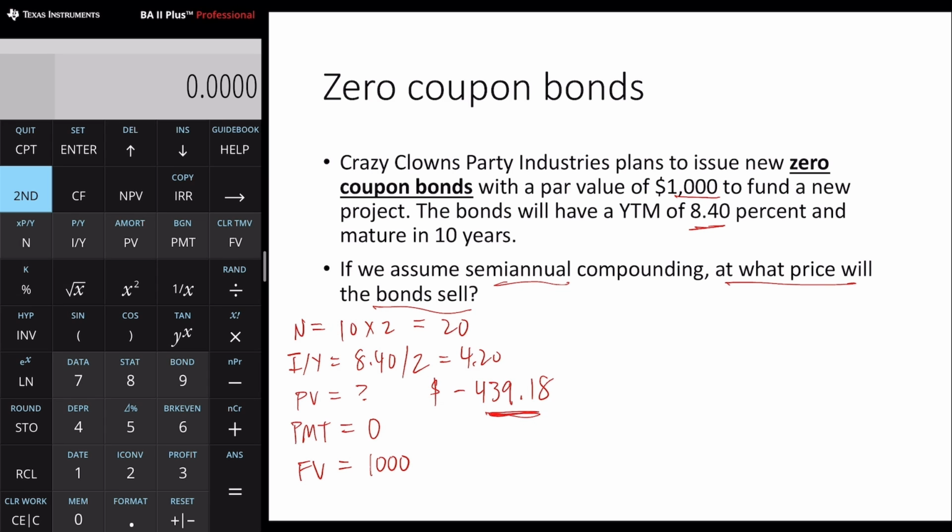So if the company wants to raise, say, $100,000, then you would say 100,000 divided by each price of the bond, which is 439.18, and they would have to sell basically 228 bonds. So that's just an example to give you an idea of what it might look like in practice.